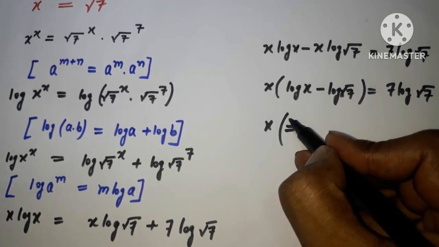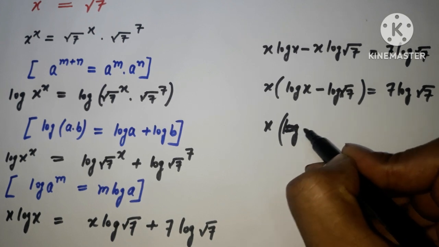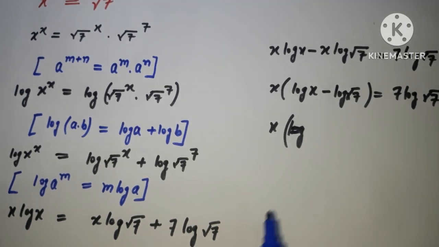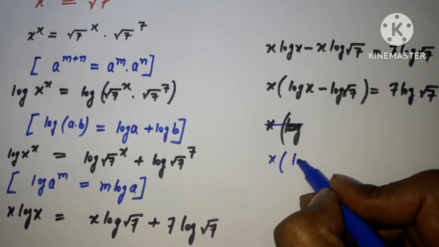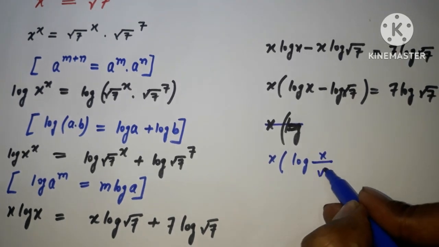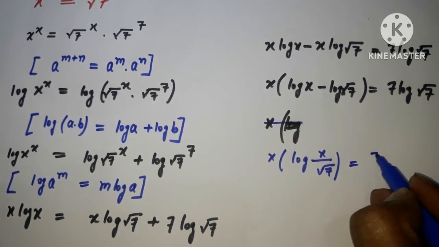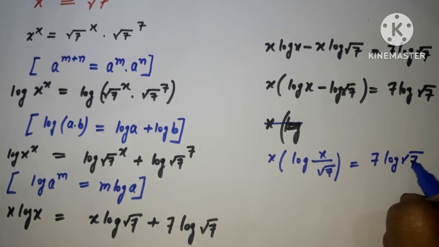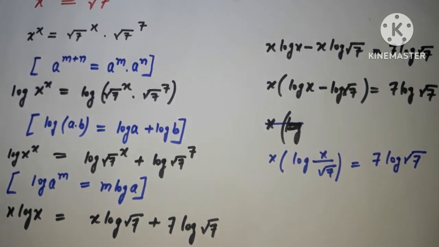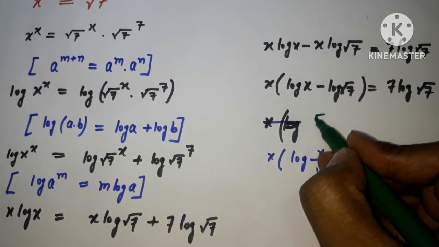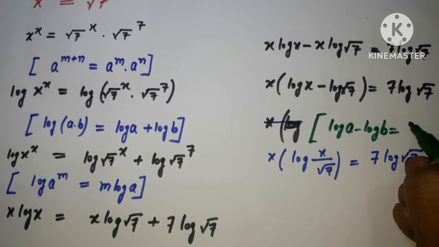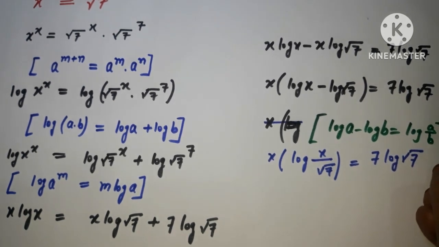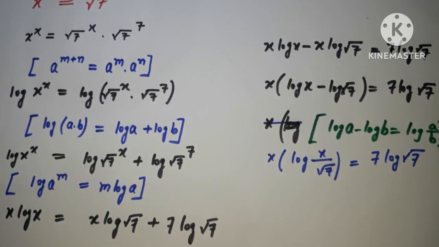So we have x log of x by root 7 is equal to 7 log root 7. This one can be achieved by using this formula: log a minus log b, we can write as log a divided by b. So by using this formula we can achieve this line.